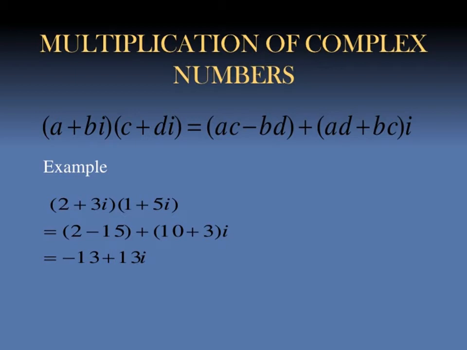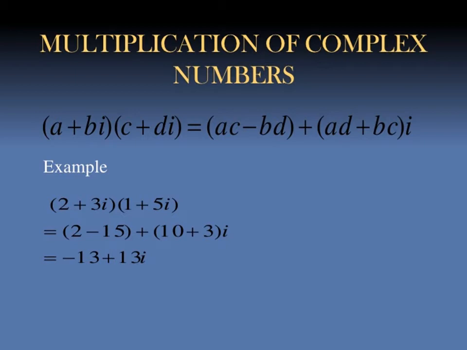Let us see how to perform the multiplication on two complex numbers. First bracket: a into c minus b into d. First we multiply the first term, a multiplied with c, and b multiplied with d.